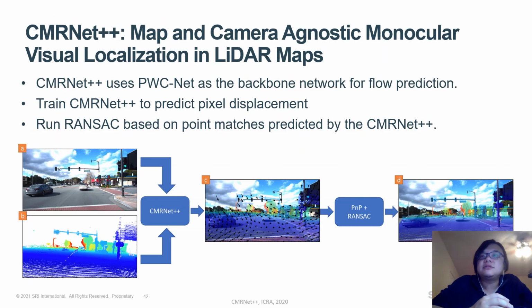The same authors of CMRNet also proposed a follow-up work. This follow-up work still uses PWC-Net as the backbone network for flow prediction.